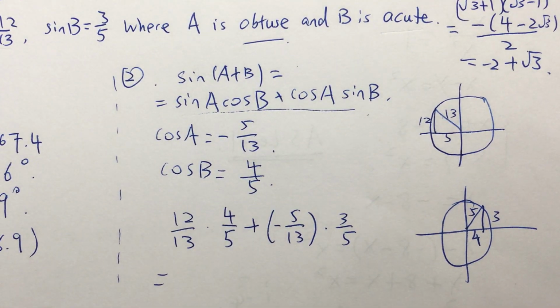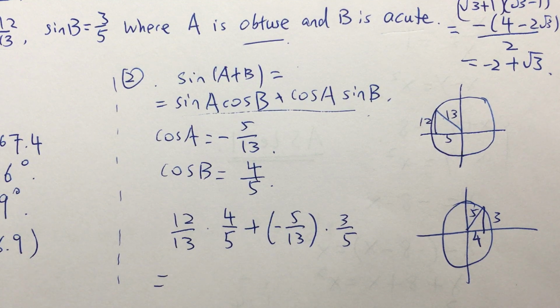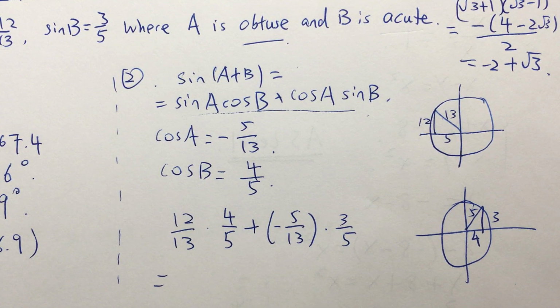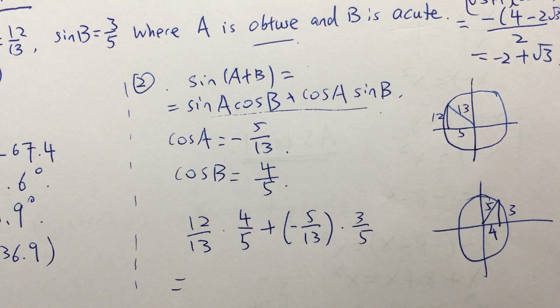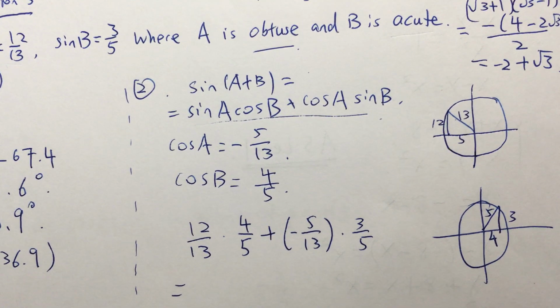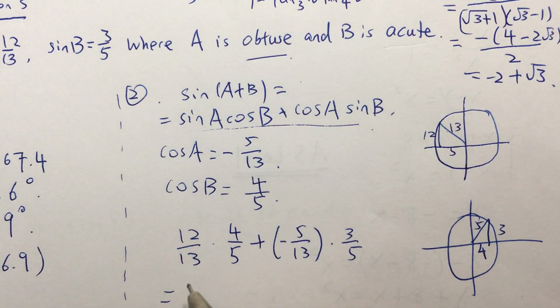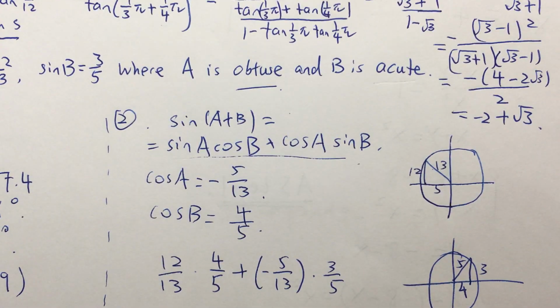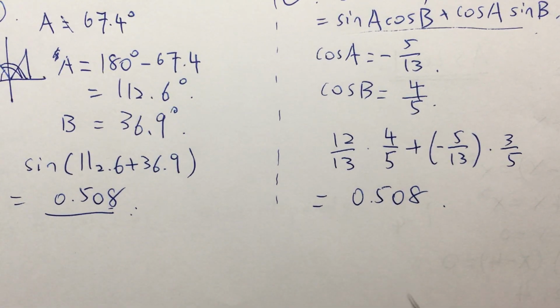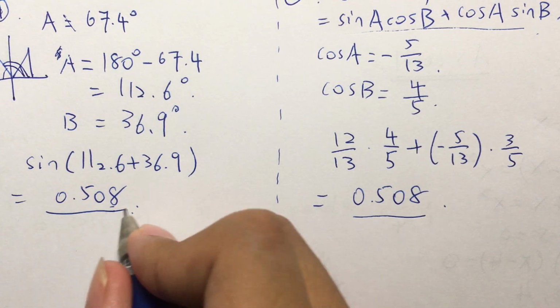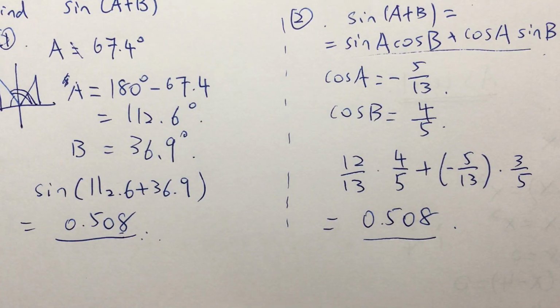And let's use the calculator, which is 12 over 13 times 4 over 5, and we got 0.508 as well. So in both ways we got the same answer, which means both ways are acceptable.